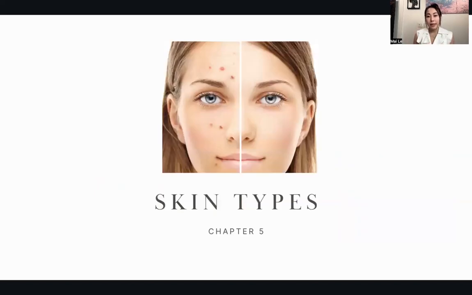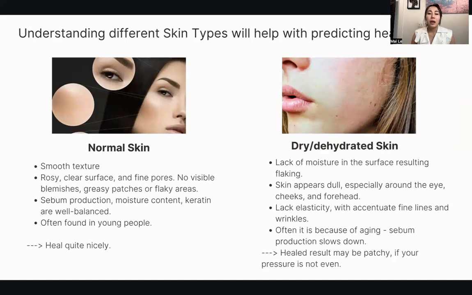Let's talk about skin types. Understanding different skin types will help you predict what the healed result is. It's not going to be a 100% accurate prediction, but at least you'll know to adjust your technique a little based on the type of skin.